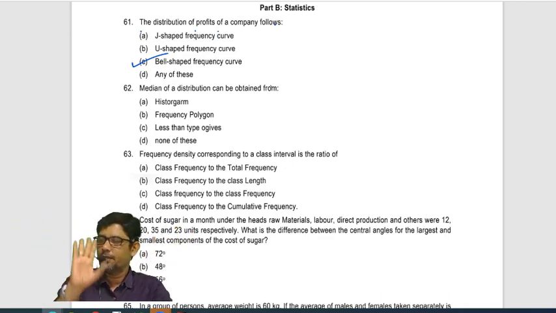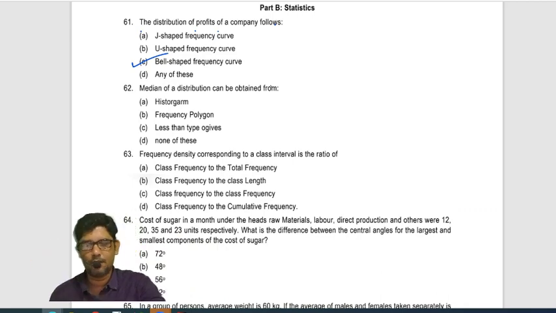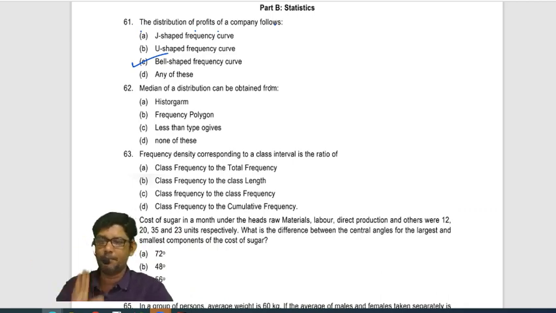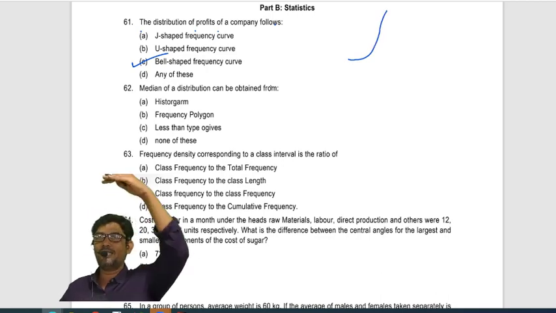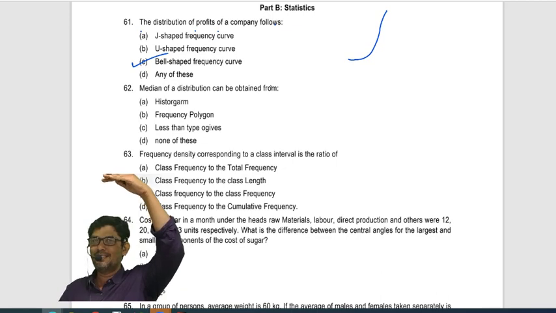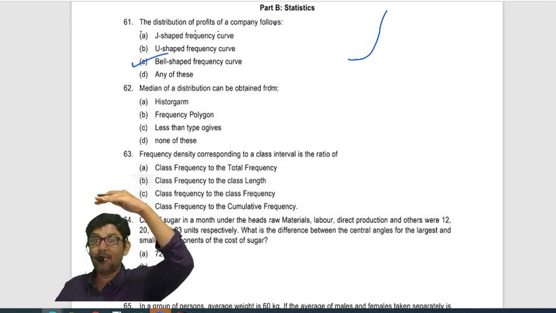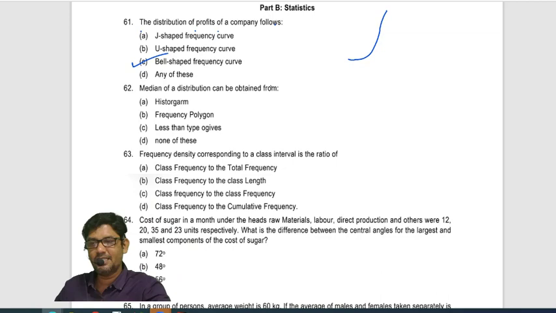So the coming attempt, I may get a good number of students. See, look at this. My profit is going to keep on increasing. As a businessman, I will always try to keep my profit at the peak. So that is what J-shaped is also possible.